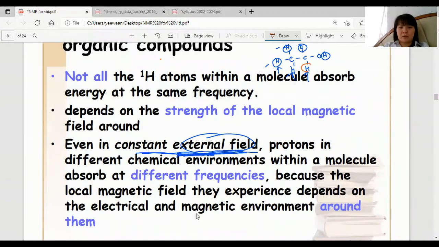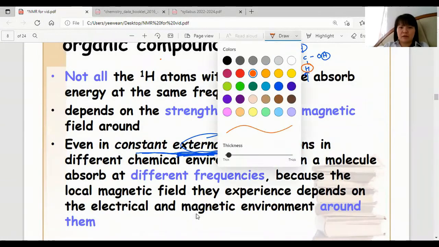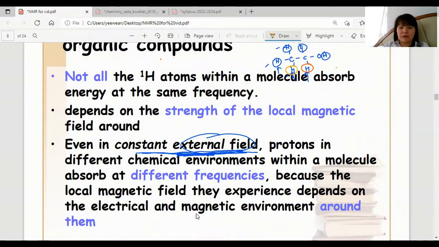For example, what this proton experiences compared to this proton is different. This orange one has 3 neighbors and this yellow one has 2 neighbors, and they will affect each other because of the proton spin, which causes magnetic fields.